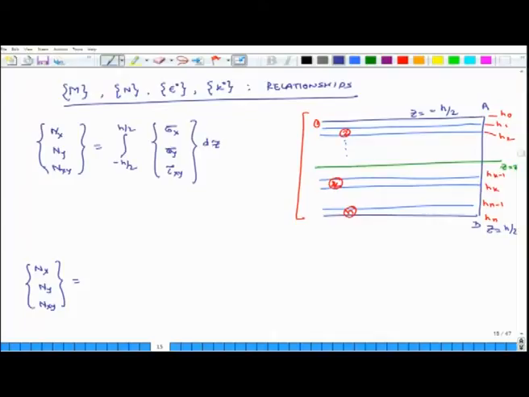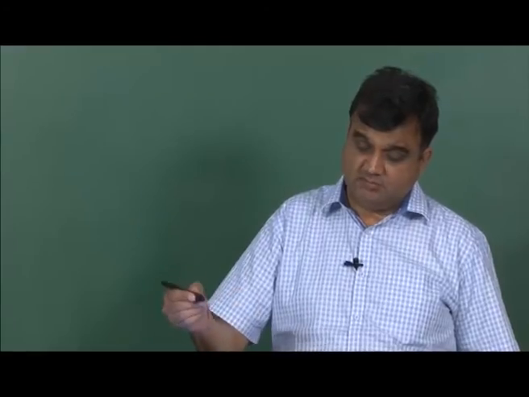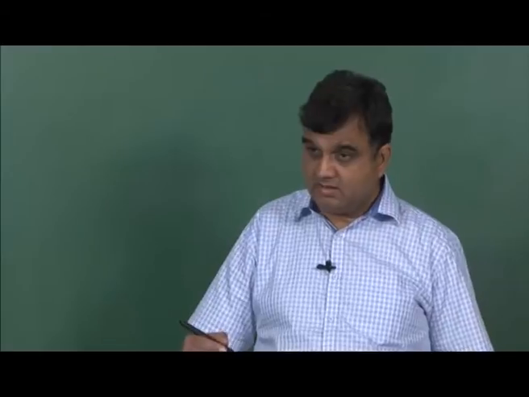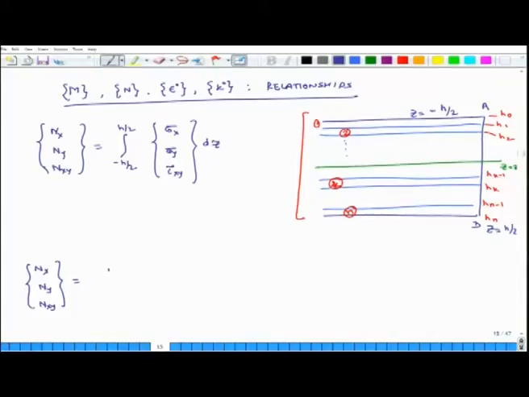And we also know that for a layer, stress is nothing but Q times the strain. So, once we go from one layer to another layer, we have to add, and within the layer we can integrate, because within the layer the stress is linearly varying, while across layers stress jumps. So, once I move from one layer to another layer, I have to add, but within a layer I have to integrate.